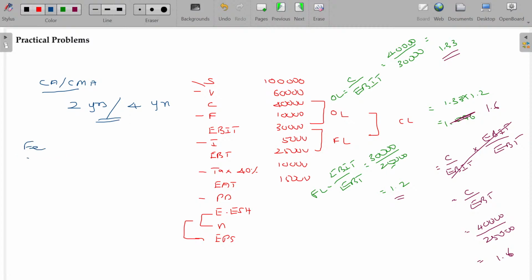Fee, being registration fee and coaching fee all put together, may be around 60,000 rupees. And here also 60,000 rupees. And food, dress, shelter for these 2 years and 4 years, we assume it may be roughly around 10,000 rupees per month. For 2 years, you have to spend 2,40,000 rupees. For 4 years, it is 4,80,000 rupees.